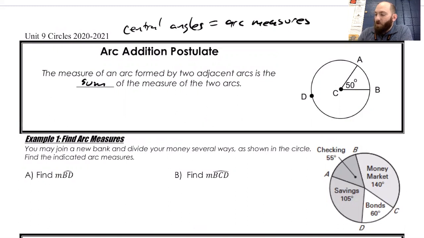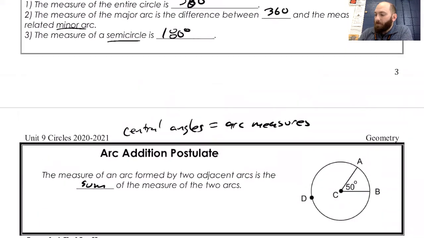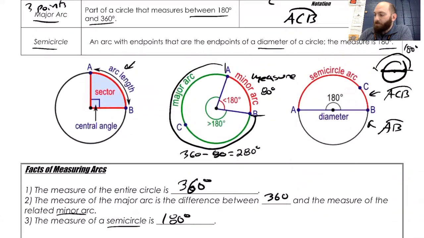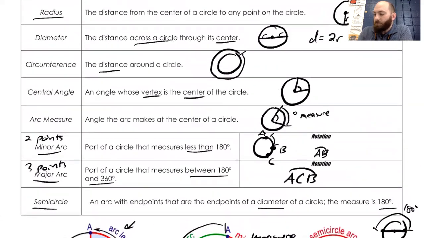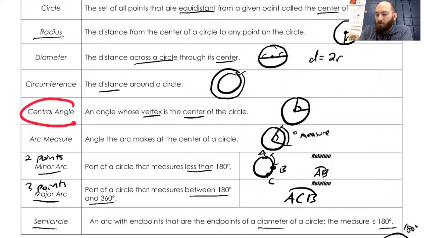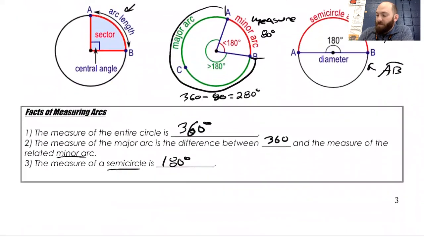Like when I look back up here, remember my central angle was right here. It's an angle whose vertex is at the center. So anytime I have this kind of scenario, the degree measure of that angle and the degree measure of the arc are the same. So that's what we're looking at in some of these cases.